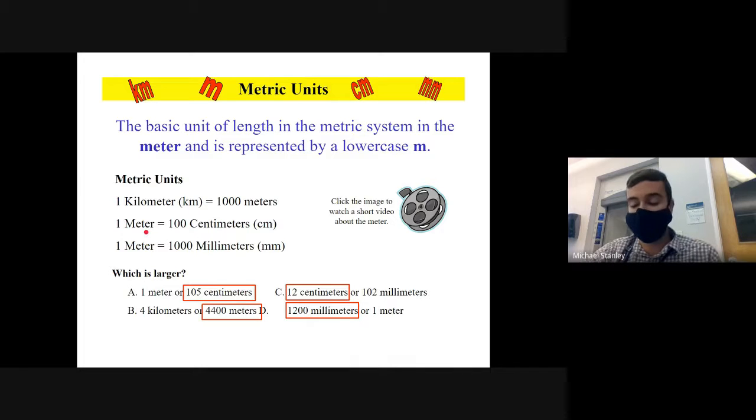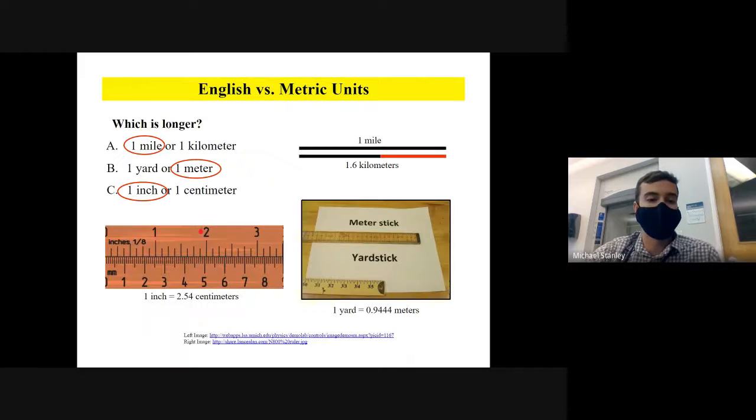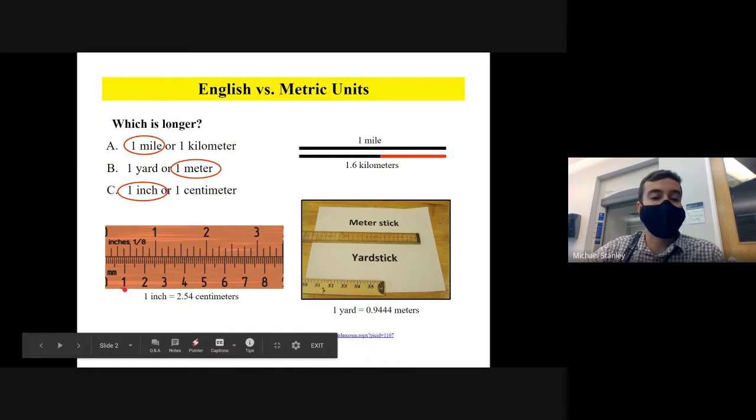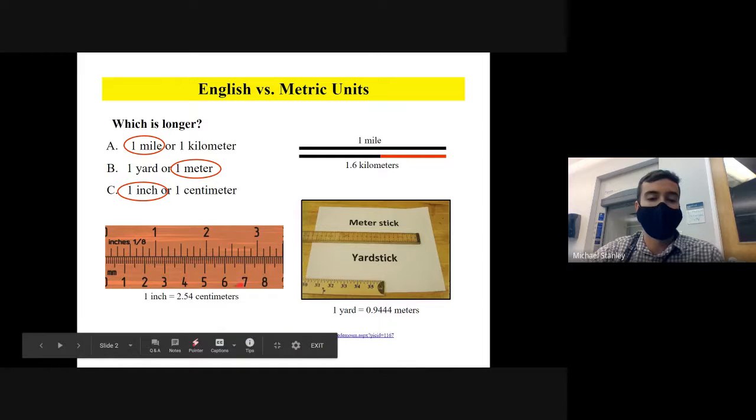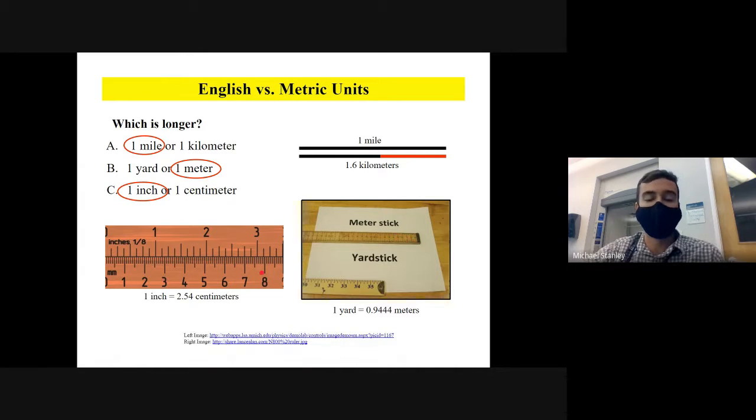So if we go back and look at that little picture of the ruler that we were looking at a second ago, here are our inches up top. So 1, 2, 3 inches. Down here, the big numbers are the centimeters. So if you follow this 1, 2, 3, 4, 5, 6, all the way up to 100, then you'd have 1 meter.